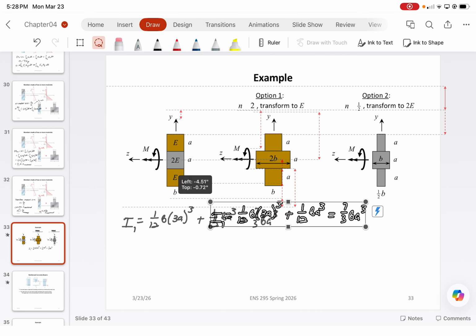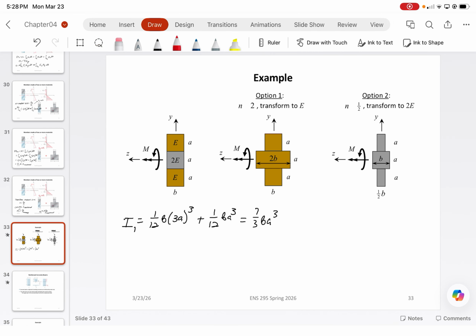Now, if we did it for option 2, we should get a smaller answer. So 1 over 12 times b over 2 times 3a cubed plus 1 over 12 times b over 2 times a cubed.